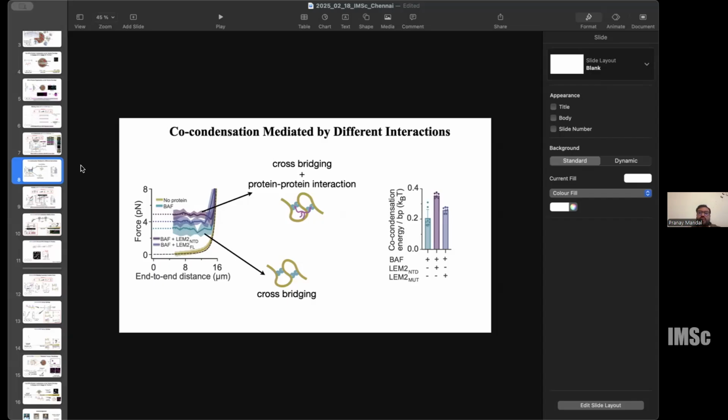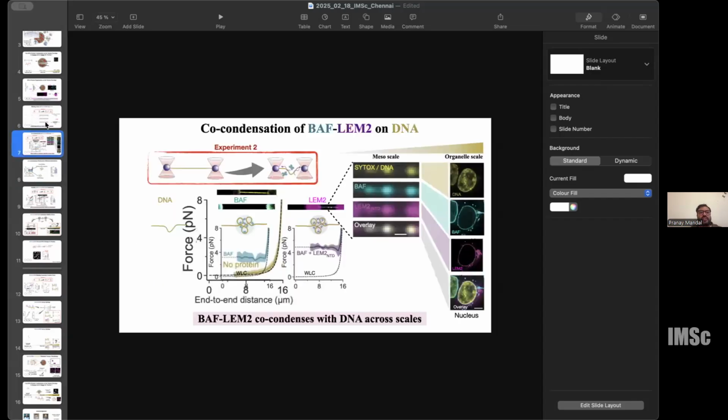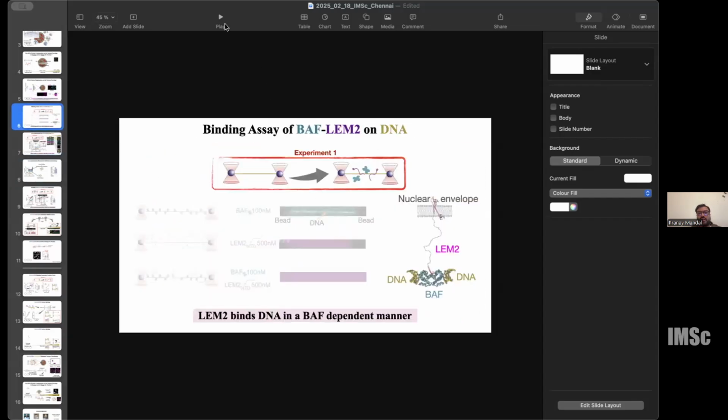All the results I showed are with lambda phage DNA, but we also designed DNA with a Widom sequence in between that binds nucleosome, and we saw uniform coating all over the DNA always. That tells me that BAF is probably not a sequence-dependent binding factor.